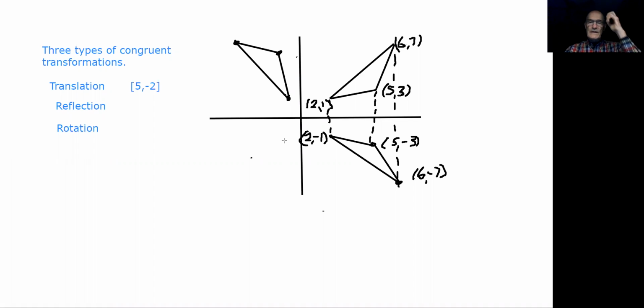Okay, now here's the thing you want to look at. When you look at this, the coordinates of this point right here appear to be, and if you do this on graph paper, you'll find out it's -1 and 2.